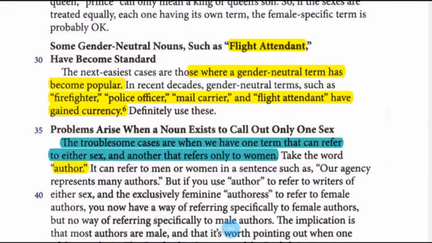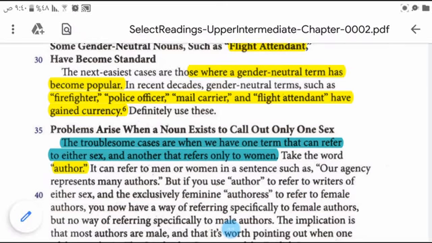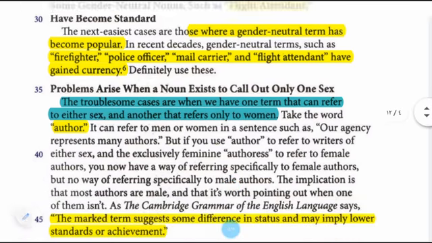The problem arises when a noun exists to call out only one sex. For example, we have author, we have doctor. They are male nouns, or masculine nouns, used to address males. But when we talk about feminine, how can we refer to them?